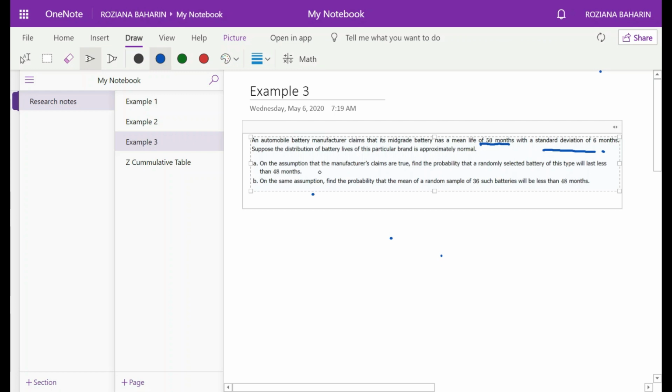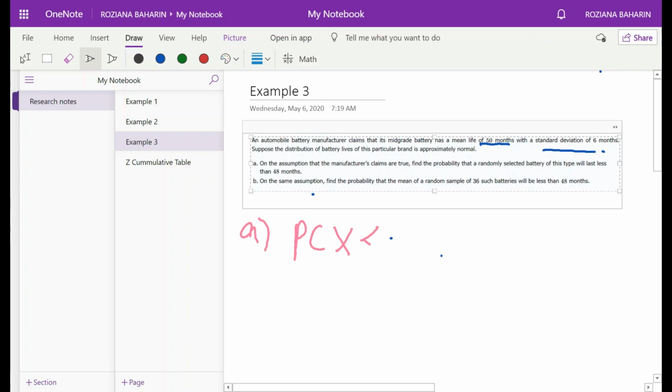On the assumption that the manufacturer's claims are true, find the probability that a randomly selected battery of this type will last less than 48 months. So we know that the population is known to have a normal distribution. It is stated there, right? So solution for A, it will be your probability of your X, not X bar, because it didn't say for your sample, right?